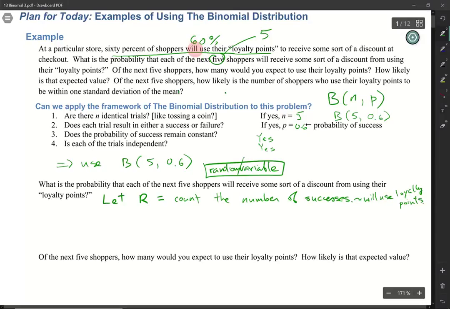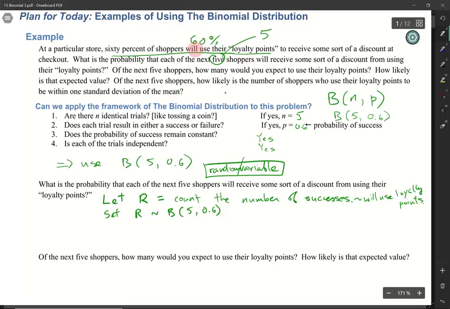So you let R count the number of shoppers who will use their loyalty points, and then we set R to be distributed as a binomial with 5, 0.6. Okay, so now we have this as a setup, the background, the backdrop. We're ready to roll.